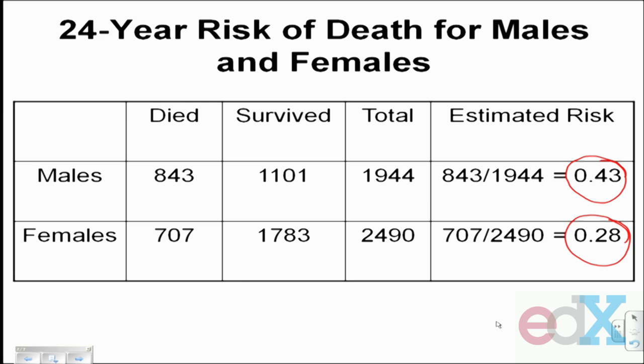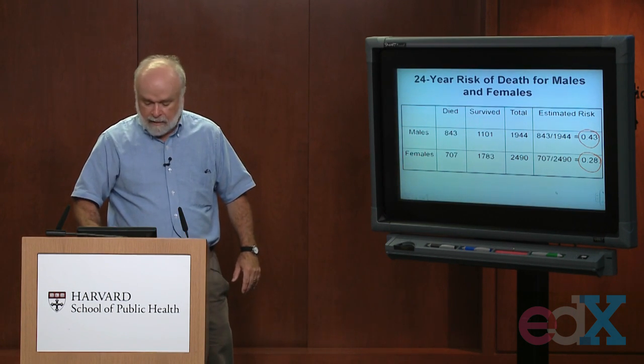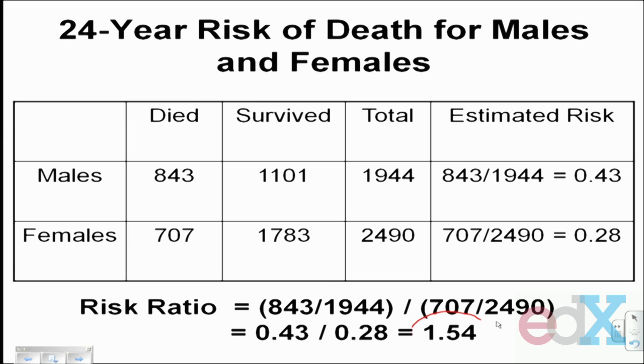Only 28% of the women died during the 24 years of follow-up. If you take the ratio of 43% divided by 28% and calculate the risk ratio, you'll come up with a value of 1.54, meaning that the risk of dying for a male is roughly 1.5 times that of a female when they're followed for 24 years based on this data set.